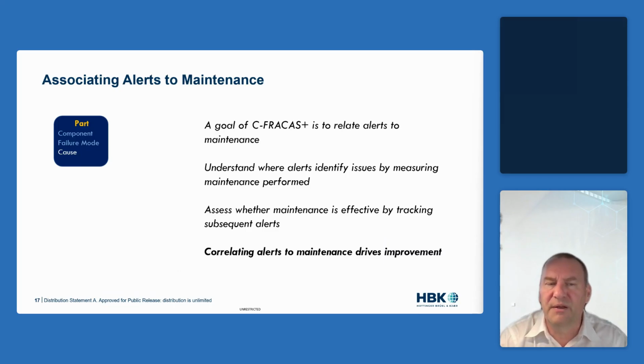And really what we're trying to do here is improve the quality of this set of rules, improve the ability to understand that when I get this alert, what maintenance is being performed and what should be performed, so that we can improve the overall processing of the work by the maintainer based on the alert codes that are there.